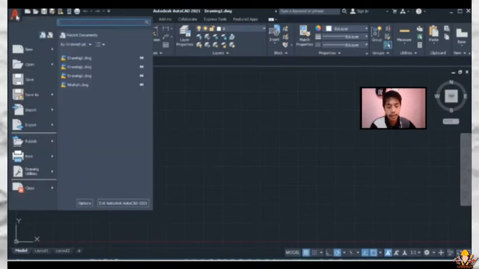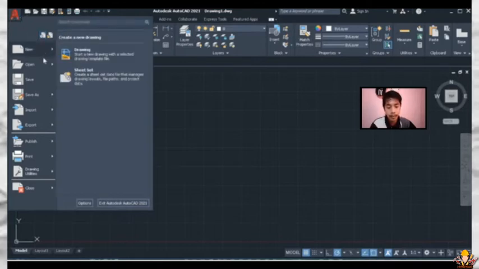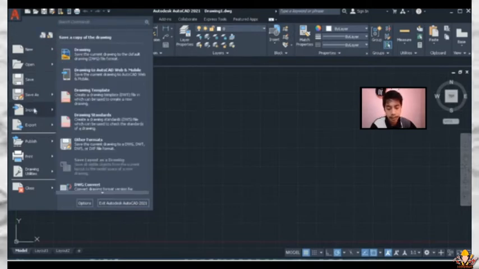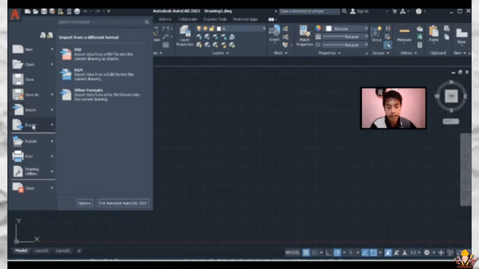So first, on the upper left, we have the application button or application menu. If you click this, you will see New, Open, Save, Save As, Import, and so on.